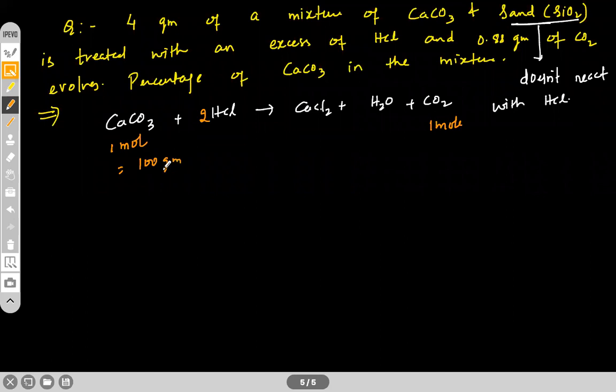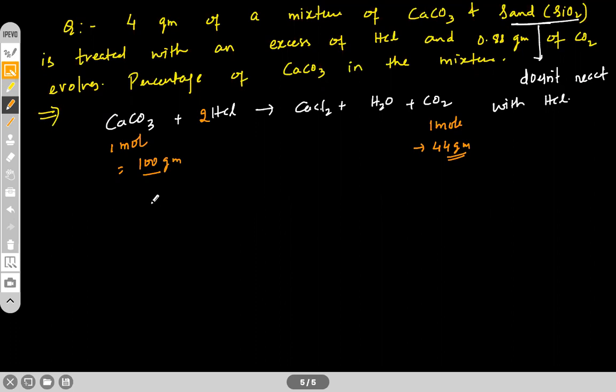For CO2, the mass is 44 gram, means 100 gram of this gives 44 gram of this, correct? So what mass of CaCO3 should we use so that the mass of CO2 is 0.88 gram?